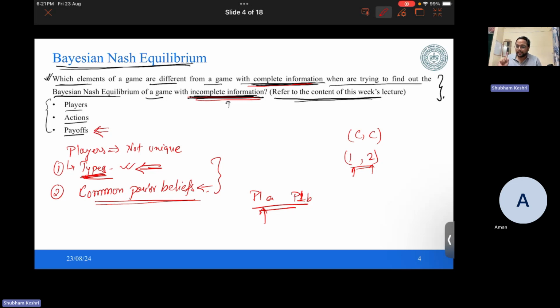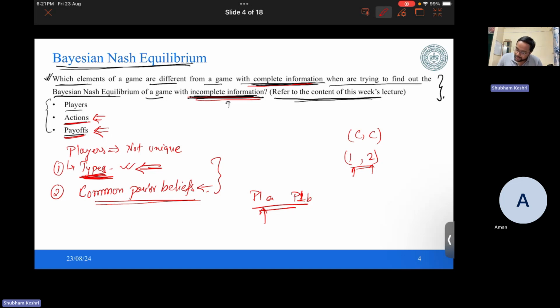There is no uncertainty in payoff and no uncertainty in action. The uncertainty is only in the types of players. You don't know what the type of the other player is. The payoffs will be exactly known if you know the type, or in other words, you know the payoffs of each type of the player. If there are three types of the other player, you exactly know the payoff of the first type, the second type, and the third type. Therefore, the payoffs are not uncertain.